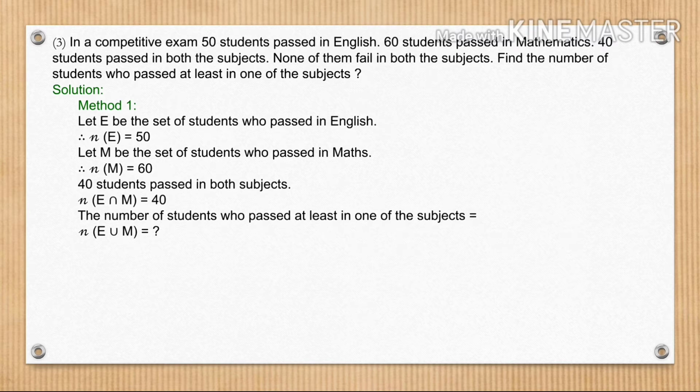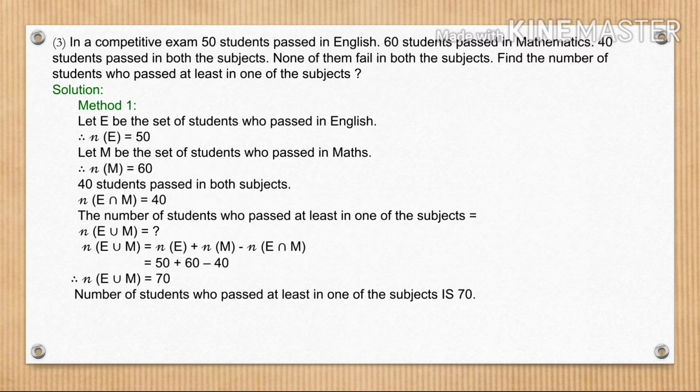That means we have to find the number of elements in E union M. Then use the formula. The number of elements in E union M is equal to the number of elements in set E plus the number of elements in set M minus the number of elements in E intersection M. Fill in the values. 50 plus 60 minus 40 is equal to 70. So the number of students who passed at least in one of the subjects is 70.